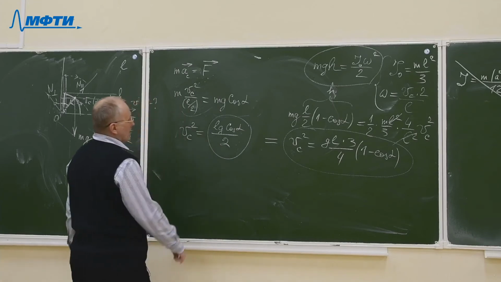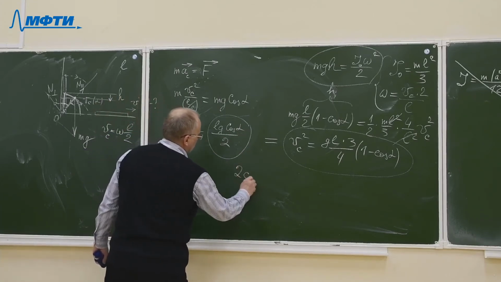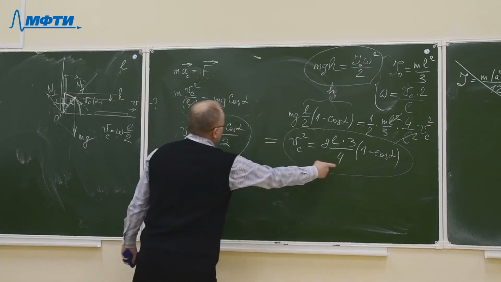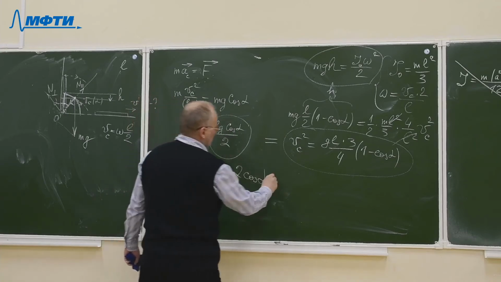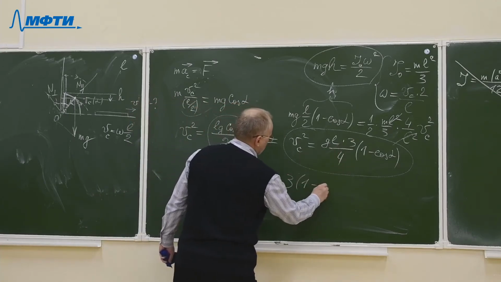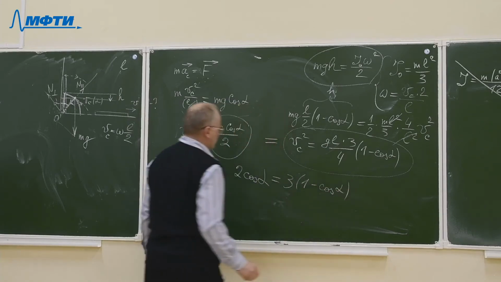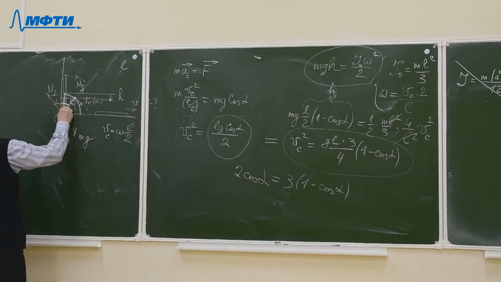gL will cancel and we will obtain 2 cosine alpha. I multiply by 4 immediately. I obtain 2 cosine alpha equal to 3 times 1 minus cosine alpha. And that's the condition for the angle alpha at which the contact between the vertical wall and the falling plate will be lost.